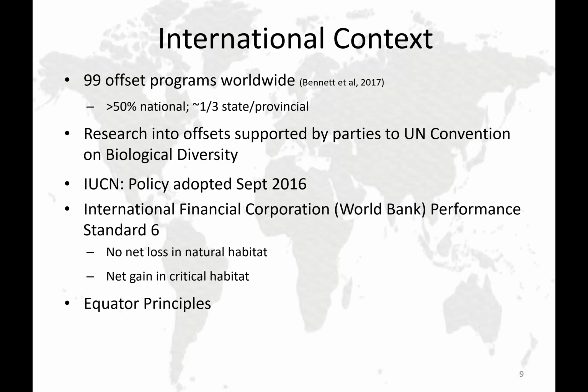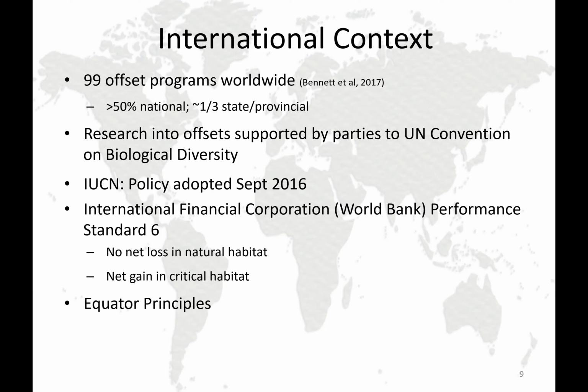Where are we seeing this internationally? This is becoming more and more the norm: incorporation of offsetting into both project planning and conservation program planning. A 2017 report surveyed worldwide and found 99 offset programs, and I could almost guarantee that that number would be significantly higher today.